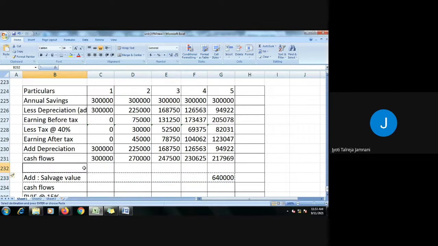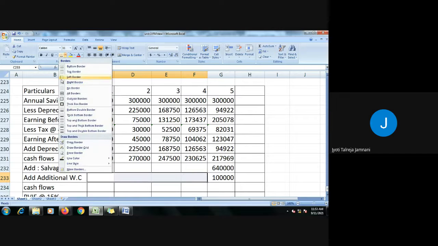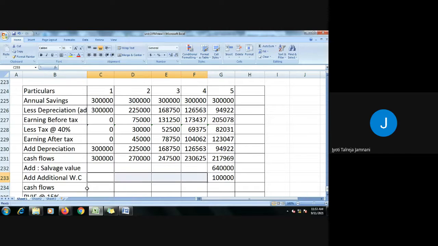Okay, now there is one more thing that we need to add here. We have been given working capital also here, so we have to add additional working capital. We have seen in the initial investment the additional working capital is 1 lakh, because working capital is something that will be recovered at the end of the life of the project.